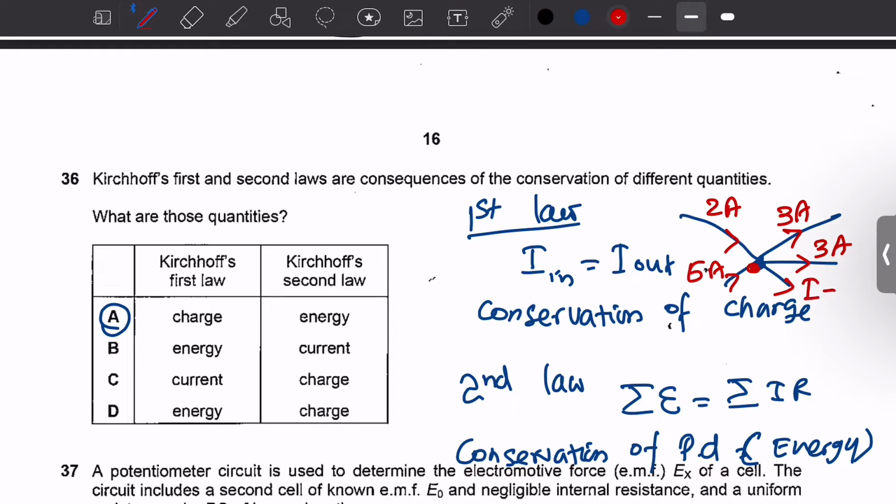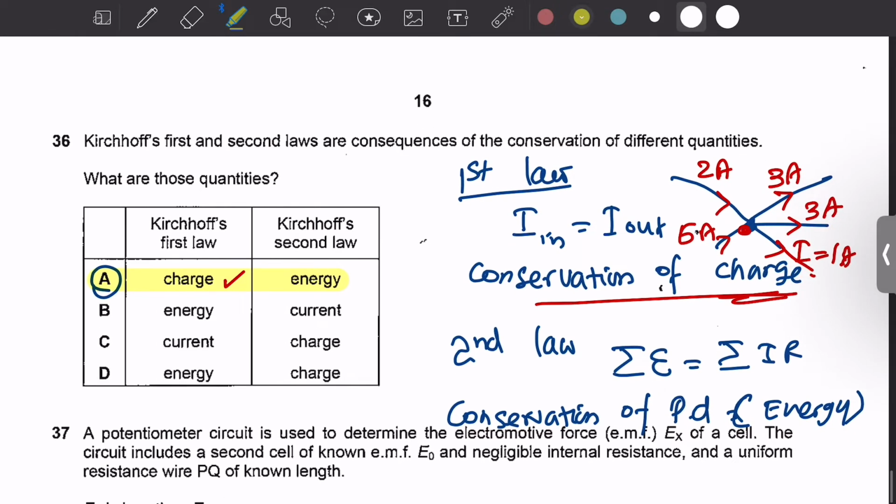How much is this current? We know it is 1 ampere. Why? Because coming current has to balance going current. So this is based on current is charge per unit time. So it is conservation of charge. So even just considering first law, you can get the answer. Answer is A.